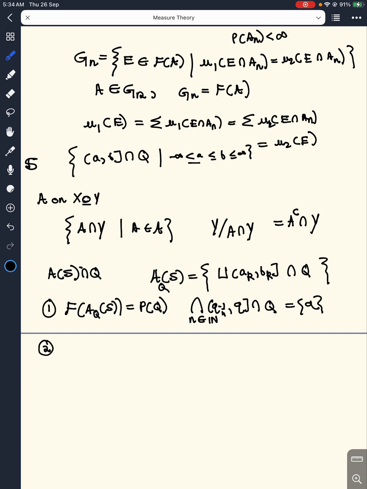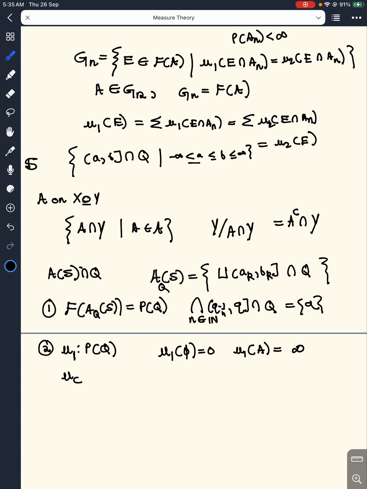So okay, define mu1 to be a measure on the power set of Q, of this form: mu1 of phi equals 0 and mu1 of any other set is infinity. And the other measure, probably the counting measure. Another measure is the counting measure.